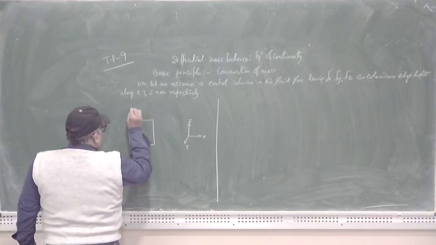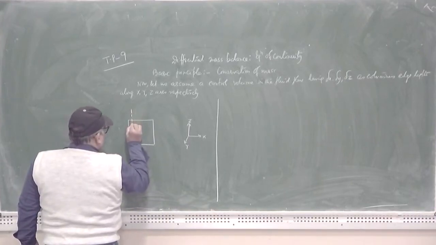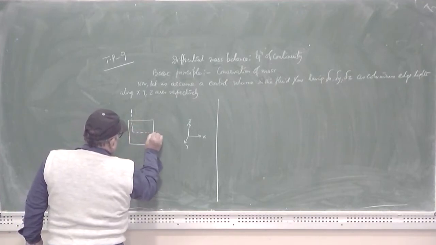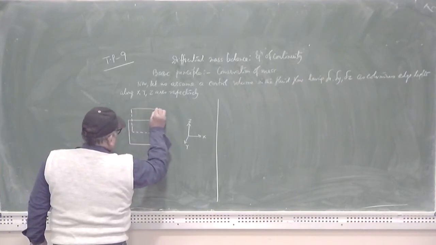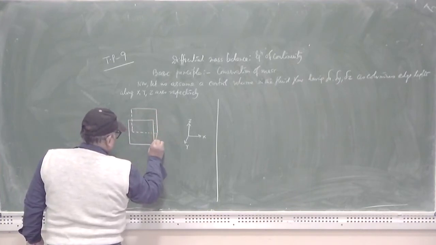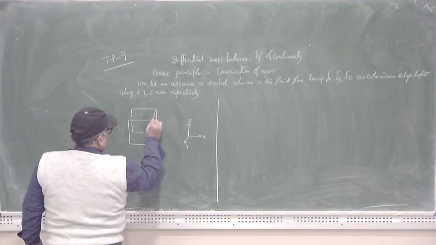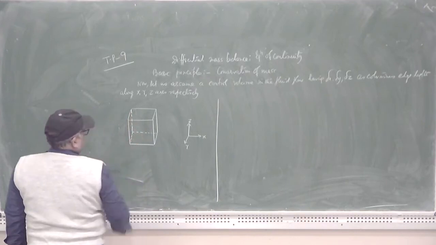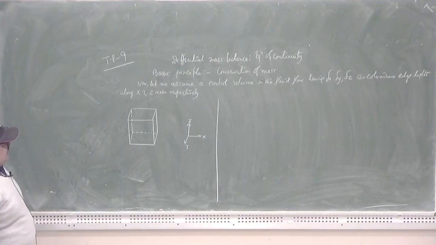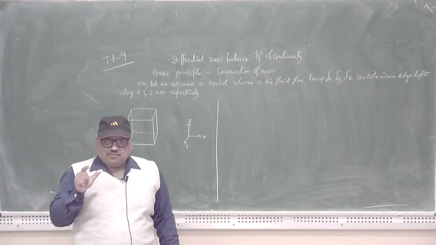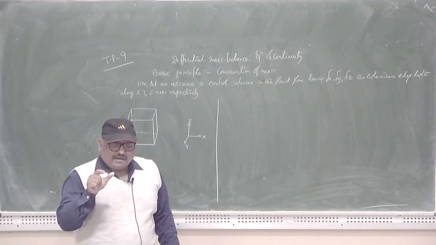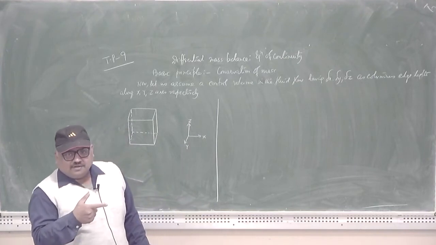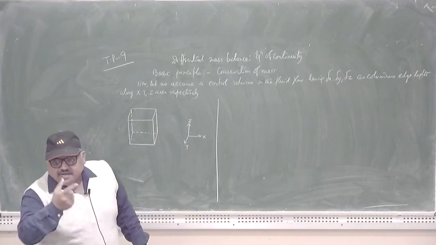So, I am drawing the rectangular parallelepiped here, cuboid here. Now try to label the different masses entering and leaving this volume element.